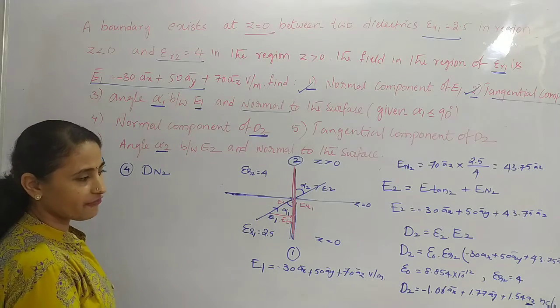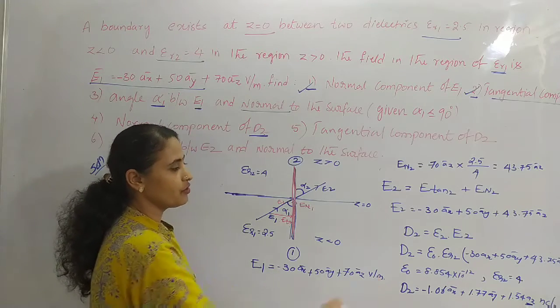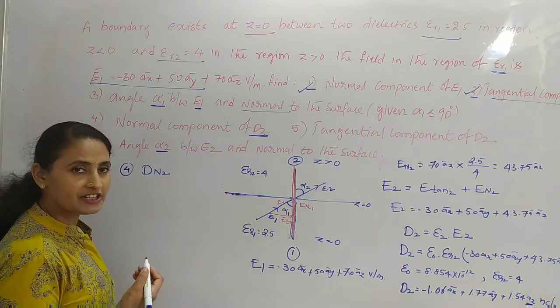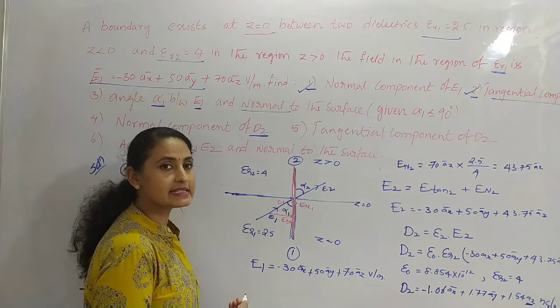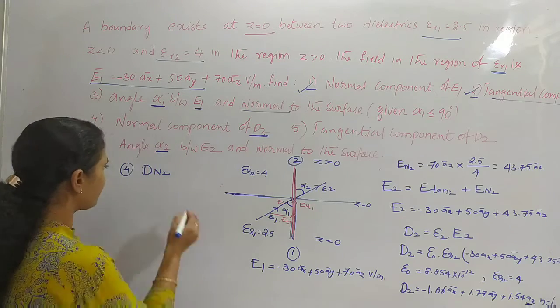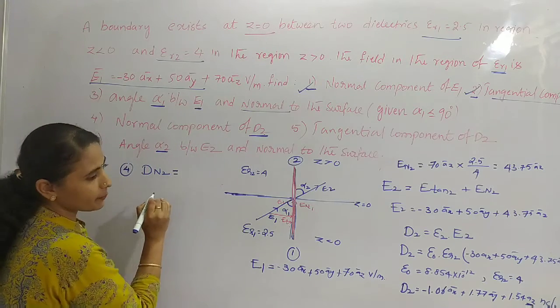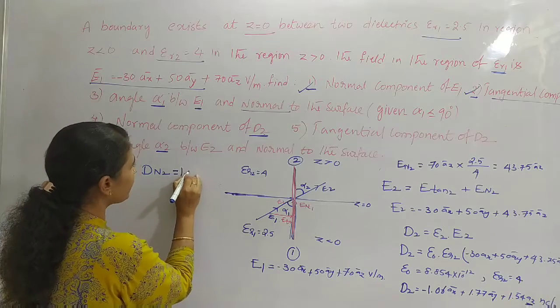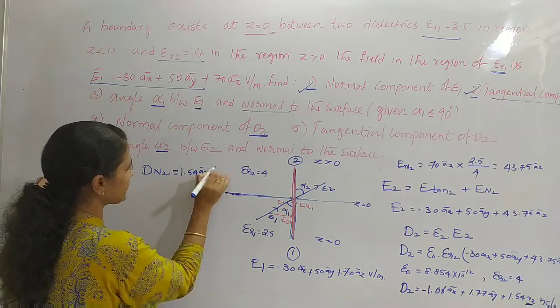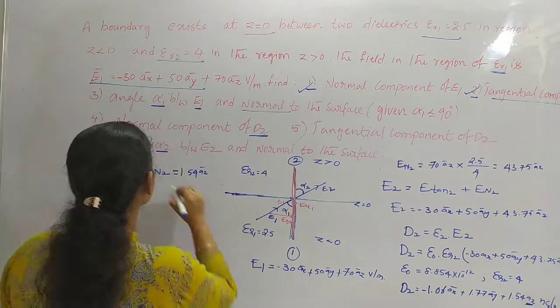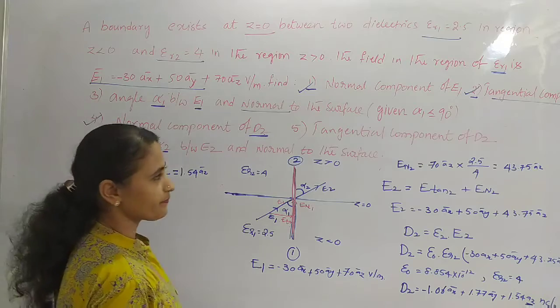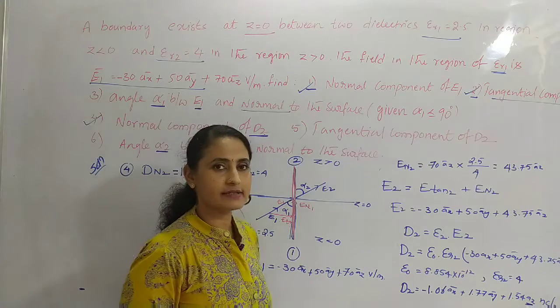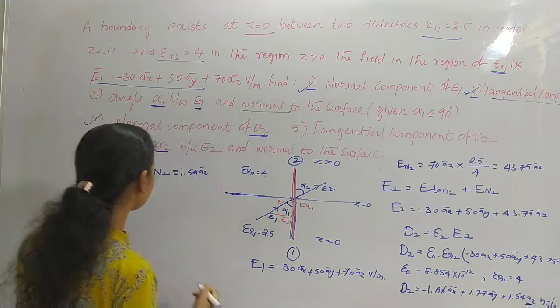So out of three components of D2, we have selected the component placed along the Z axis as the normal component. So our normal component will be 1.54 az.